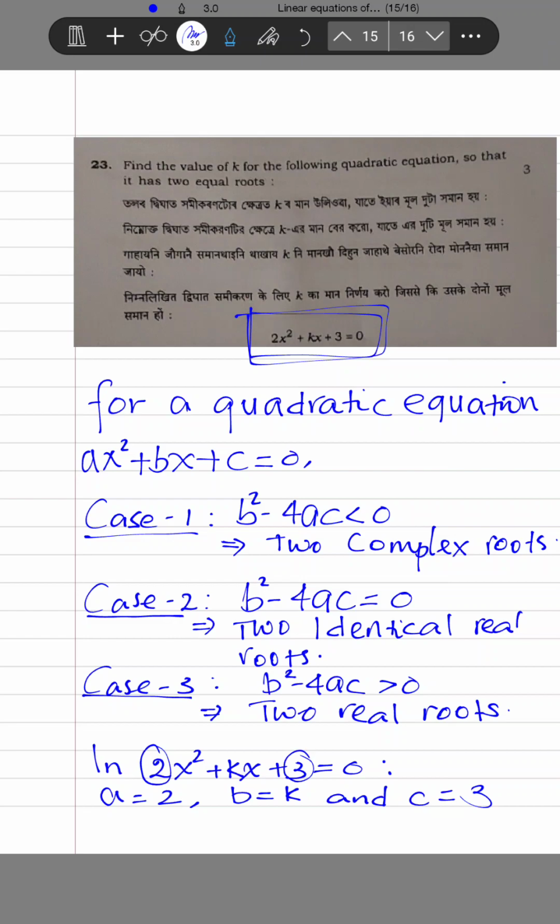Here in the question, a is the leading coefficient of x squared, b is the coefficient of x, and c is the constant term. So we have a equal to 2, b equal to k, and c equal to 3.